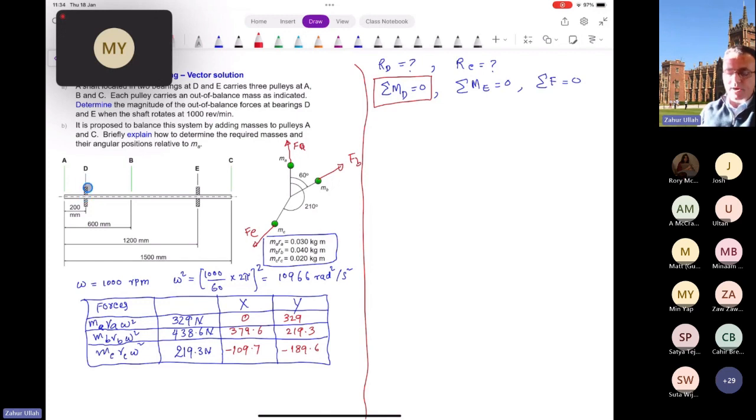If you take the moments from D point, then as you can see, because the force at A is in the upward direction, FA is positive in the upward direction, but because the distance is negative, the MA will be in this direction here.